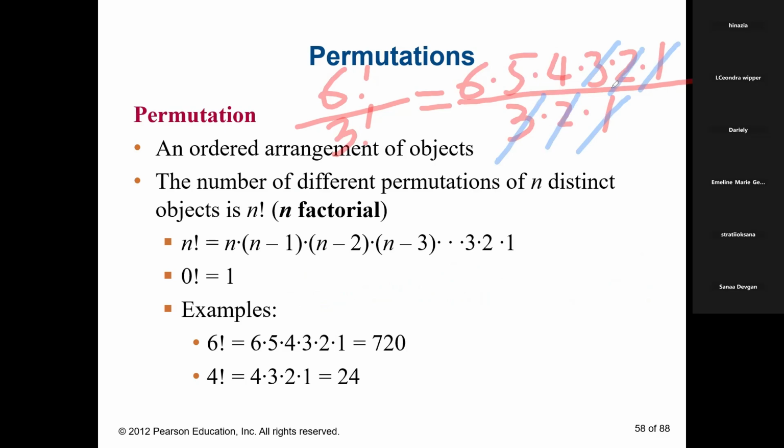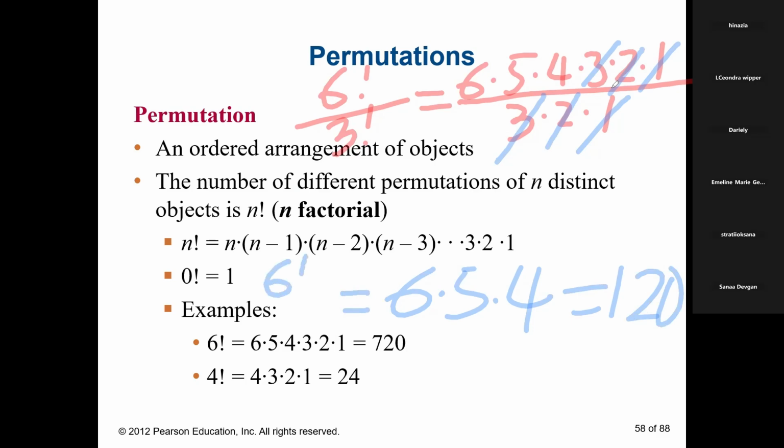So that gives you 30, times 4 will be 120. That's 6 factorial over 3 factorial. But you cannot say 6 factorial over 3 factorial is 2 factorial. That's wrong, because 2 factorial will be 2 times 1, which is 2. But here, you can observe it's not 2. It's just a big number. It's 120. Got it?